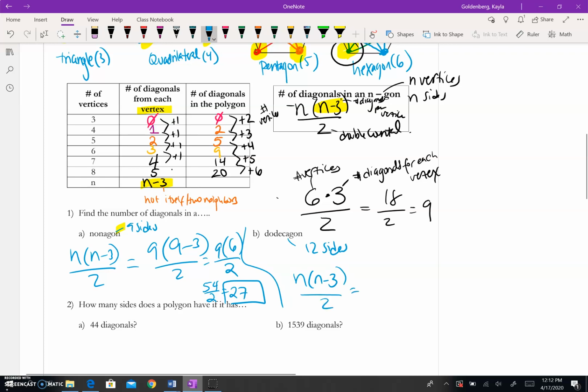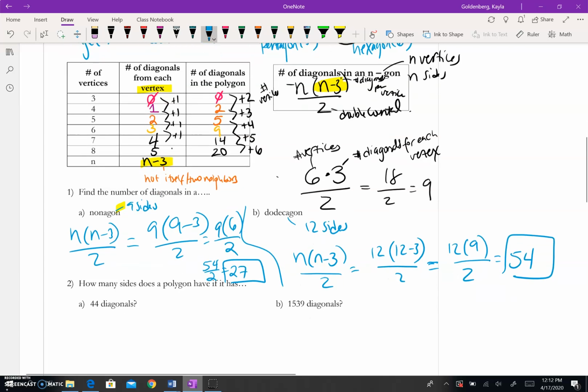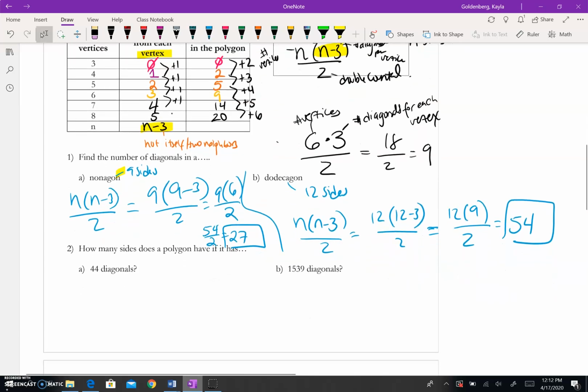I would only expect you to know like hexagon, octagon, that sort of thing. Okay, I'm plugging in the number of sides, which remember is the same as the number of vertices, right? Number of sides is number of vertices. They're equivalent. If you plug that in, you should get 54 if you calculate that on your calculator.